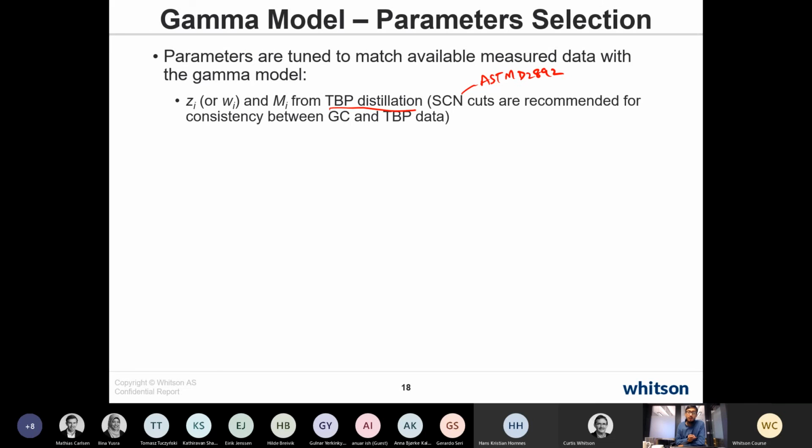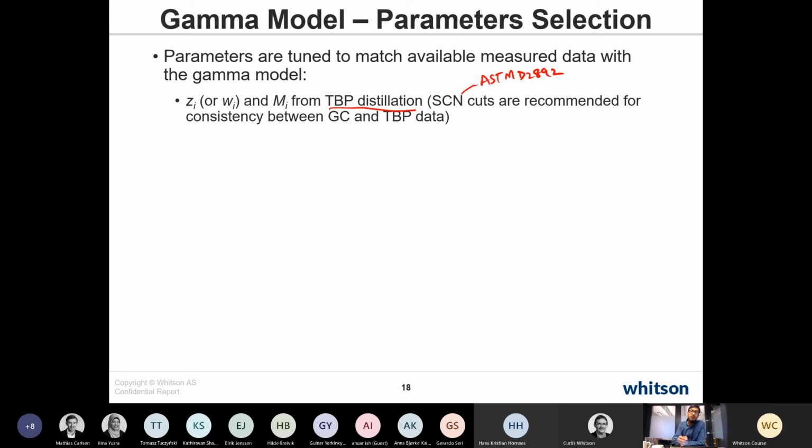But usually we recommend that if you are doing the TBP distillation, single carbon number cuts, C7, C8, C9, those are the best. The main reason, like the question before, is how you integrate the TBP data and the GC data, using TBP data for the heavier fraction.